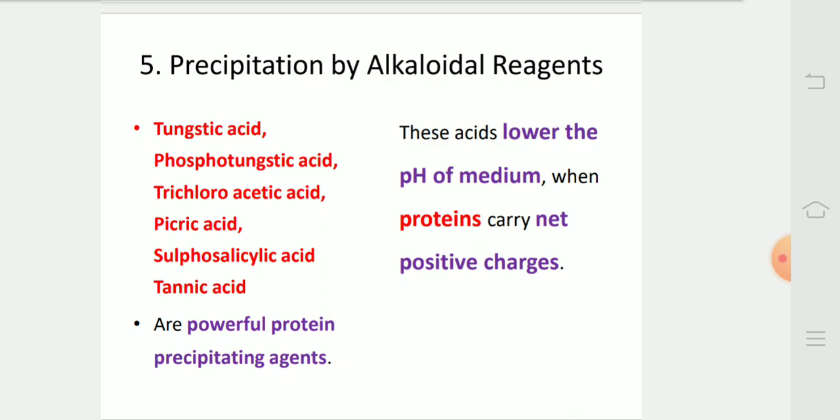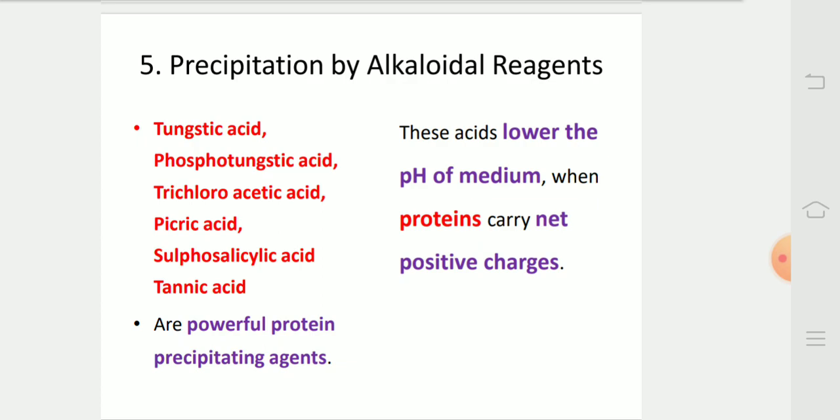Next is precipitation by alkaloidal agents. Tungstic acid, phosphotungstic acid, trichloroacetic acid, picric acid, sulfosalicylic acid, and tannic acid are powerful protein precipitating agents.